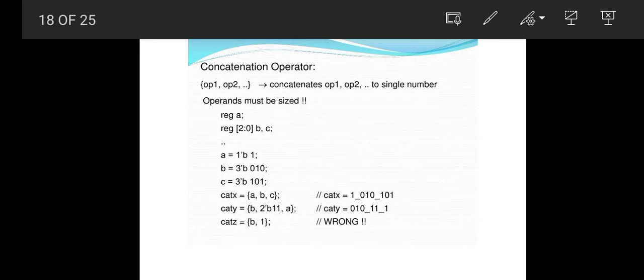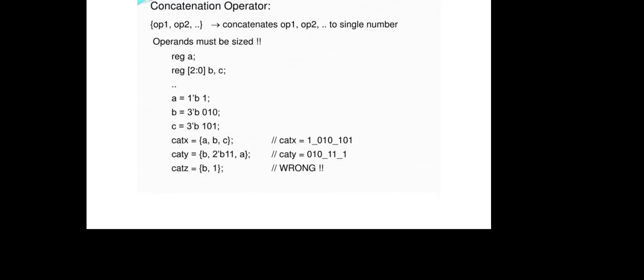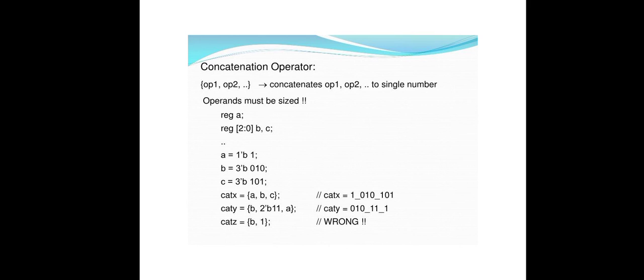Then concatenation y is equal to {b, 2'b11, a}. And then the last concatenation z is equal to {b, 1}. This is the wrong condition. Only we can write here the concatenation x and the concatenation y operators.